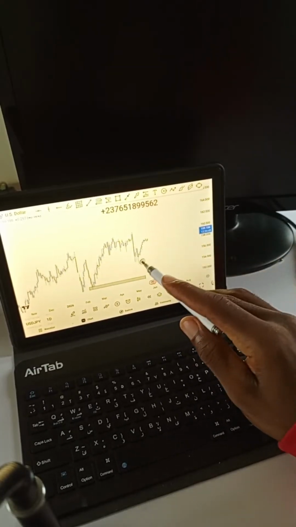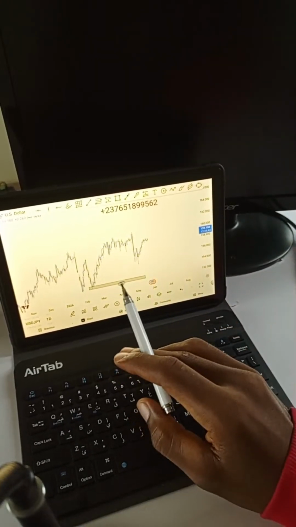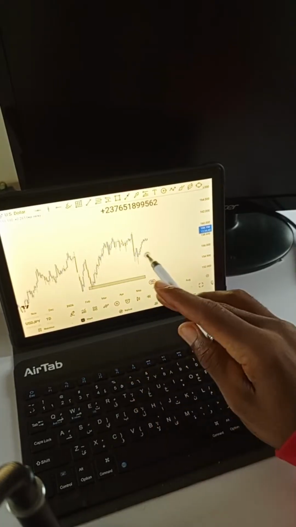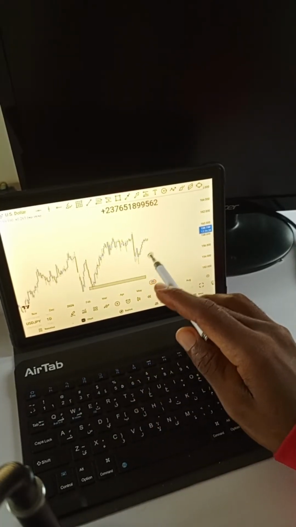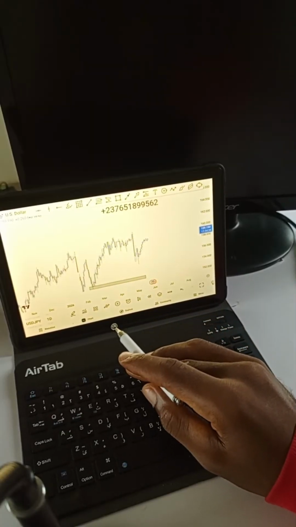For now, it's scary to be doing anything on it, because normally we had to wait for a pullback to buy, but guys, it is what it is.